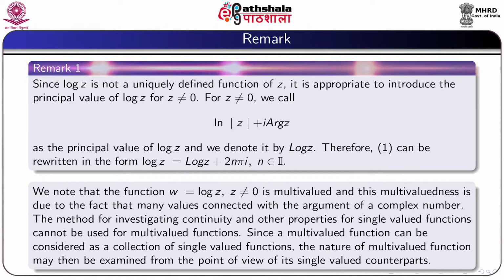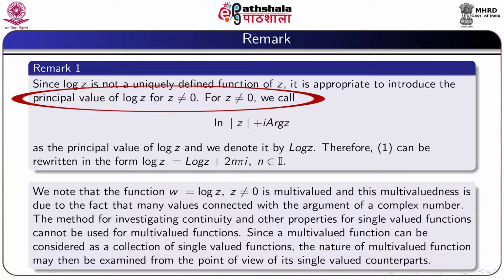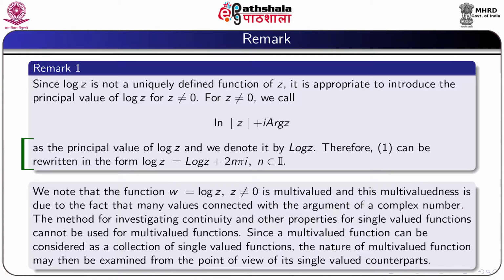Now, a remark: since log z is not a uniquely defined function of z, it is appropriate to introduce the principal value of log z for z not equal to 0. For z not equal to 0, we call ln mod z plus i argument z the principal value of log z, and we denote it by capital Log z.